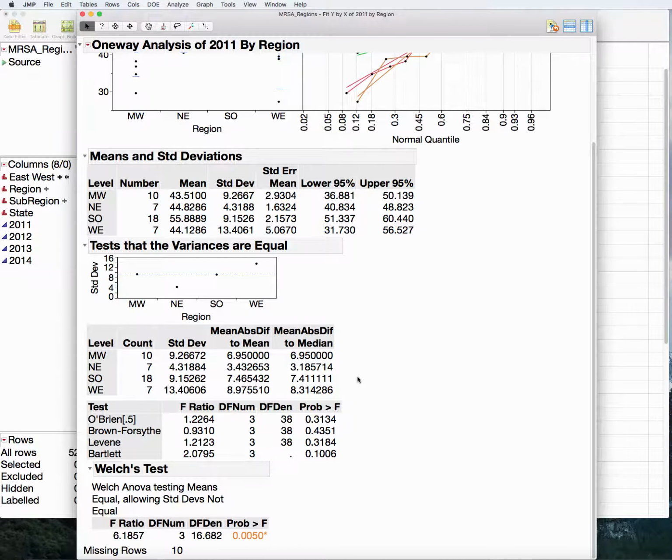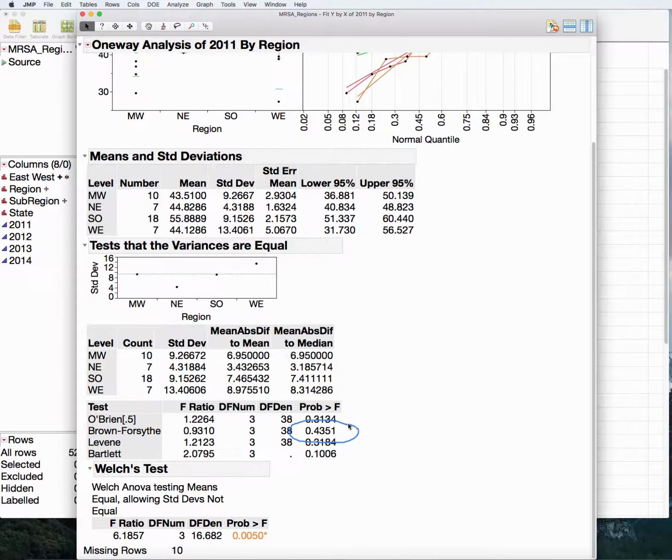Our null hypothesis is that the variances are equal. Our alternative hypothesis is that they are not equal. This p-value is large. It is telling us that we fail to reject the null hypothesis of equal variance, and we could then go ahead and proceed with the equal variance ANOVA.